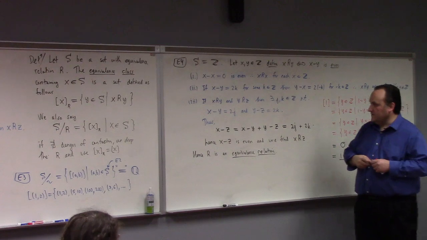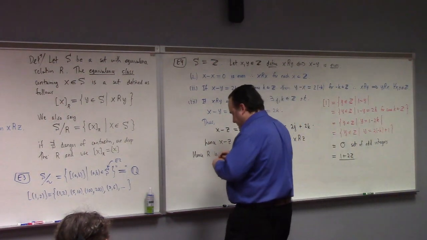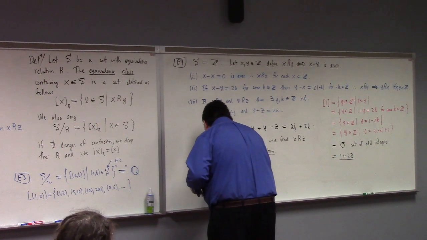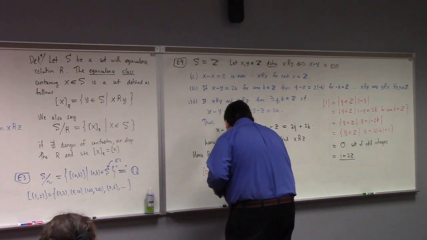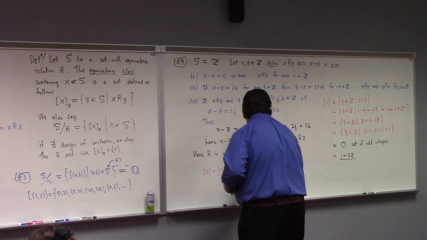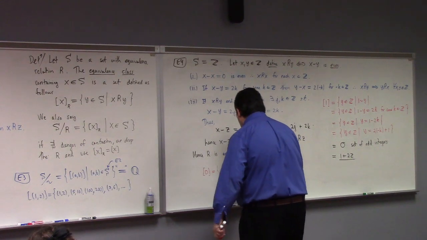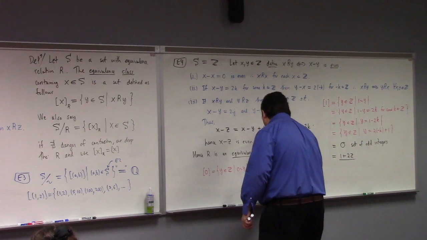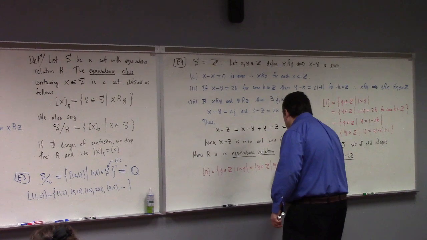What's the equivalence class here containing 0? So we're talking about y in the integers such that 0 is related to y. And I'm going to trade that for y in the integers such that y is related to 0, because I can do it. It's symmetric, right?